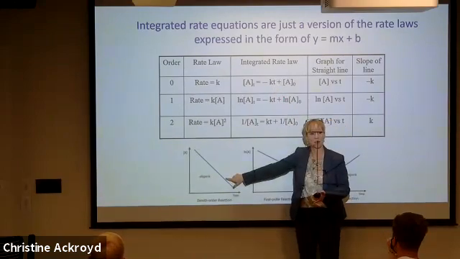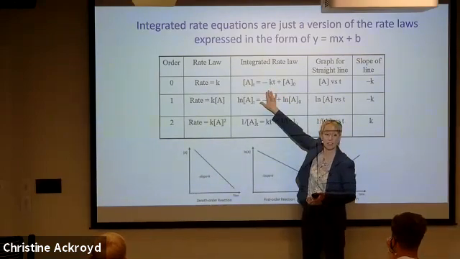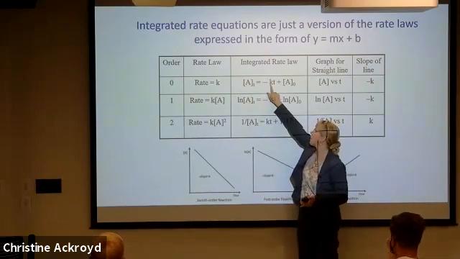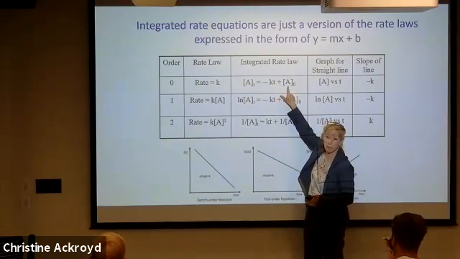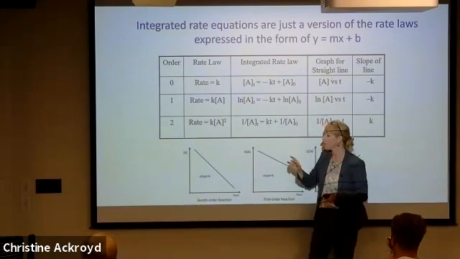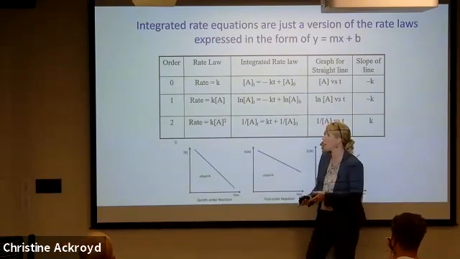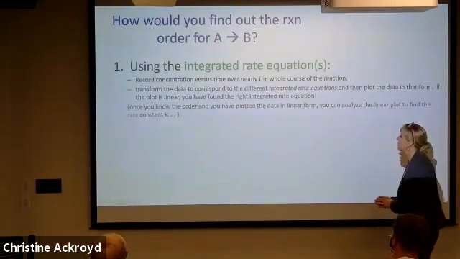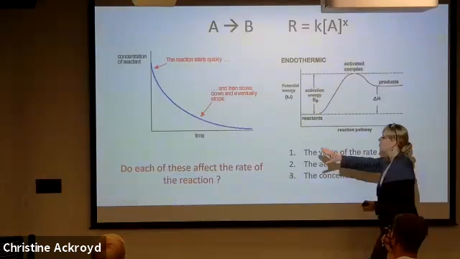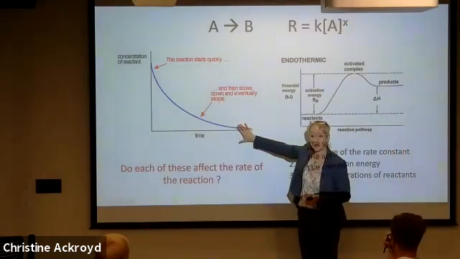A straight line, right? That's what the equation says. Y equals mx plus b. Okay, so if we plot concentration versus time, normally, if we go back to here, this is what it typically looks like, right?